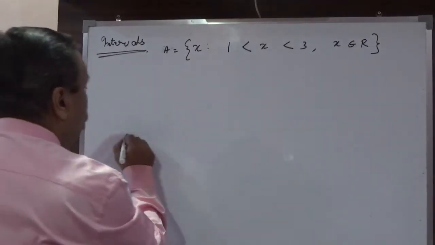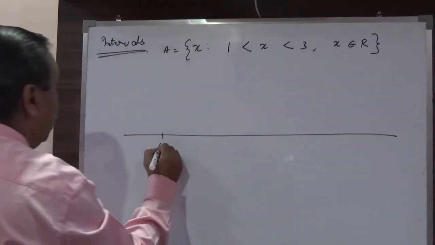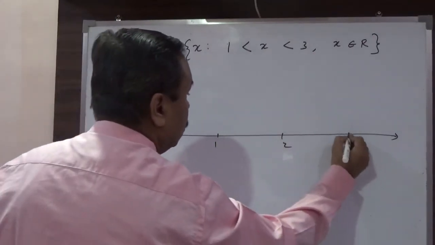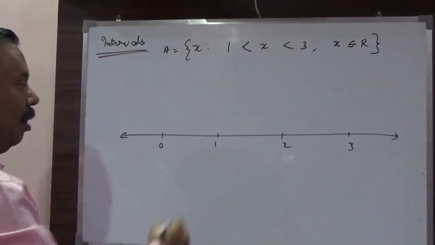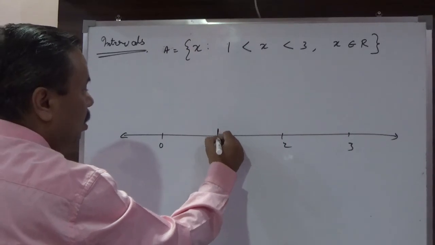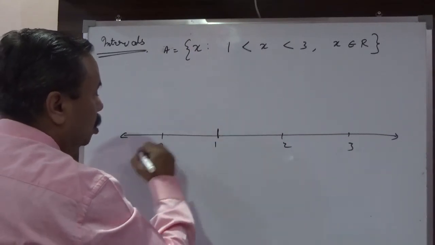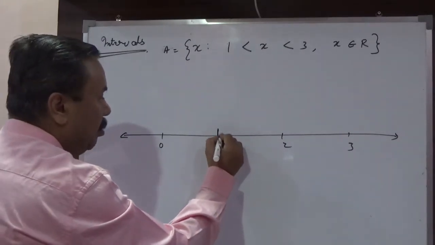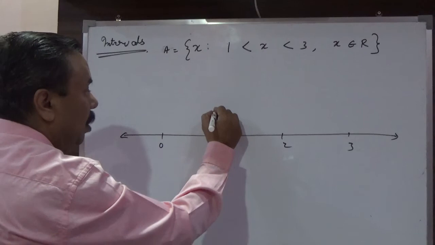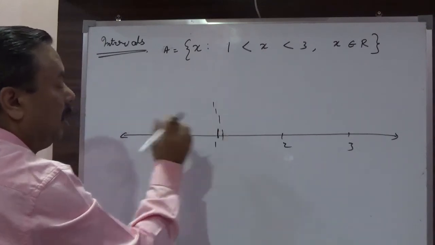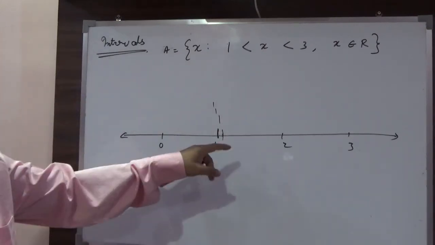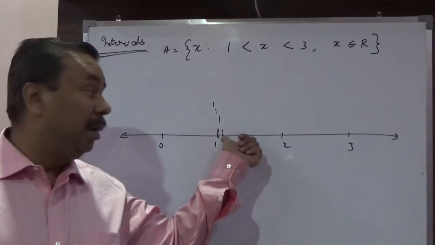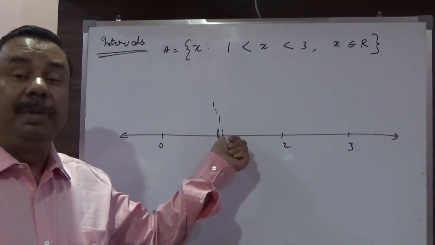Remember, now if I go on this, again I will make a number line. There is always a number close to it. Whatever number you consider, you will get a number less than that number that will be greater than 1.